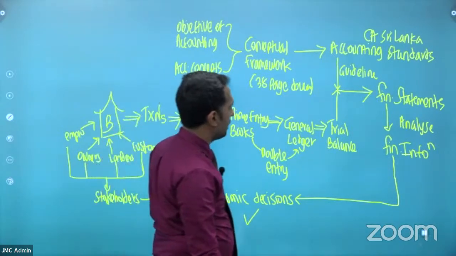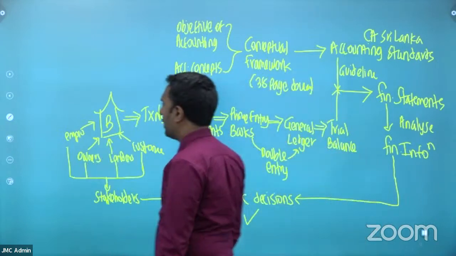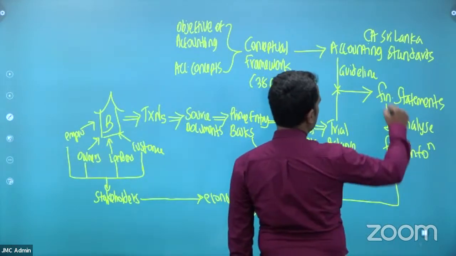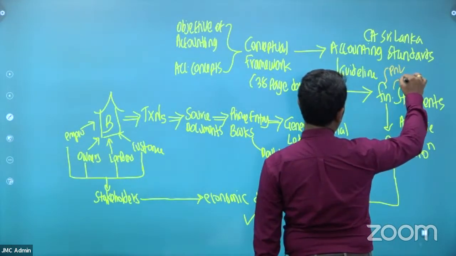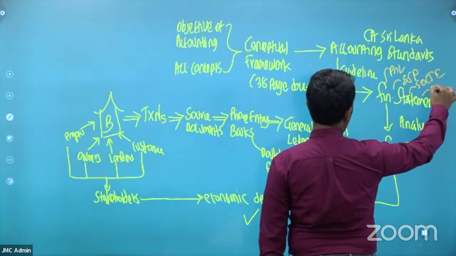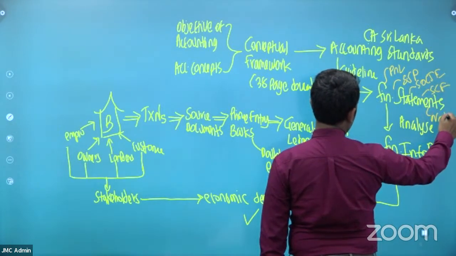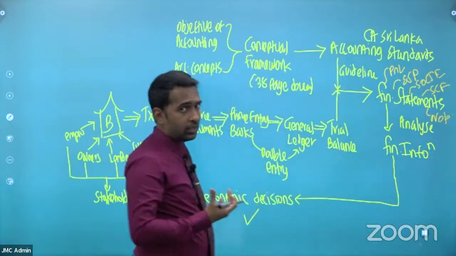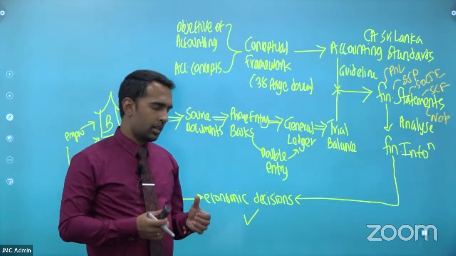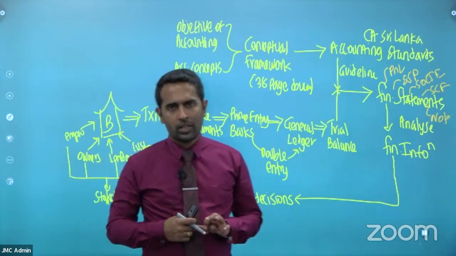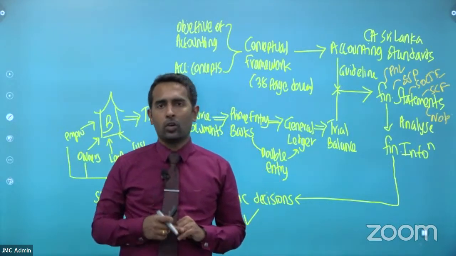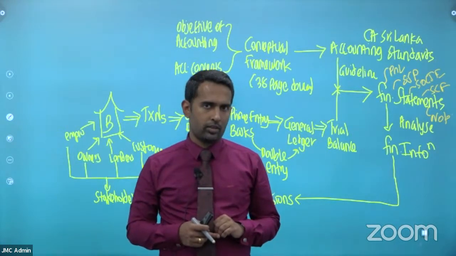I hope you can remember, we have discussed earlier as well, the financial statements consist of profit or loss, statement of financial position, statement of changes in equity, statement of cash flows, and notes and other explanatory information.